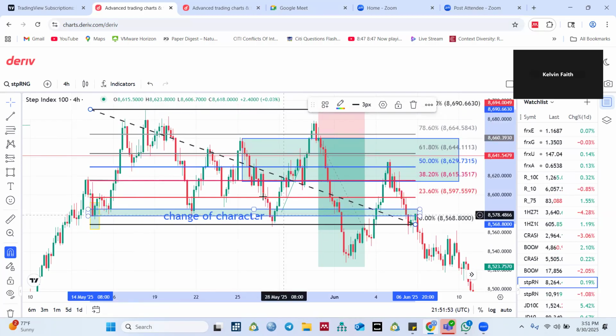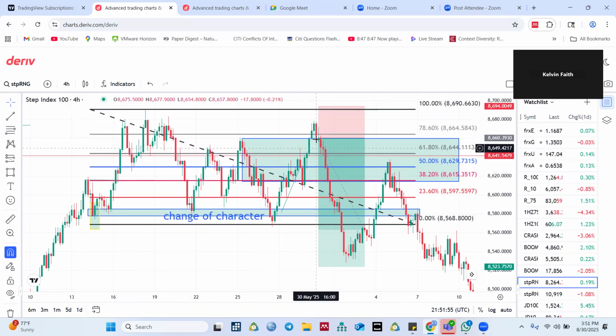And if you look at where price went, it went exactly to 78.6%. Can you all see that? It went into it, dropped down. Below it is where we got that switch.